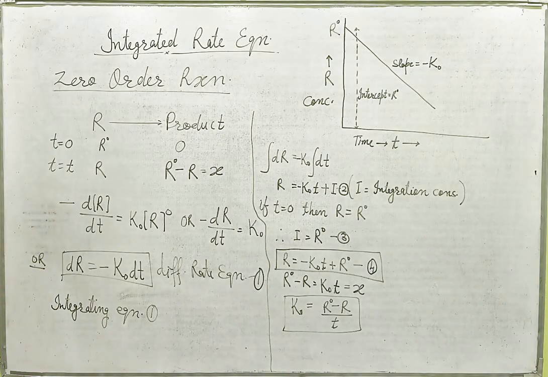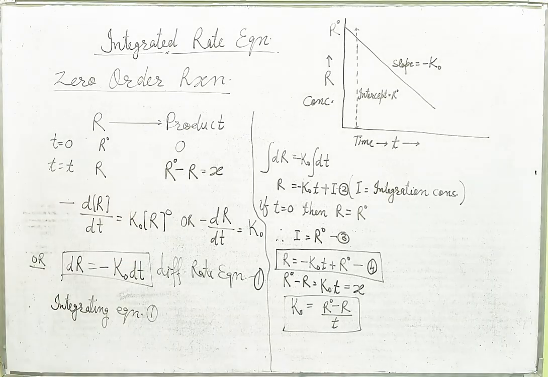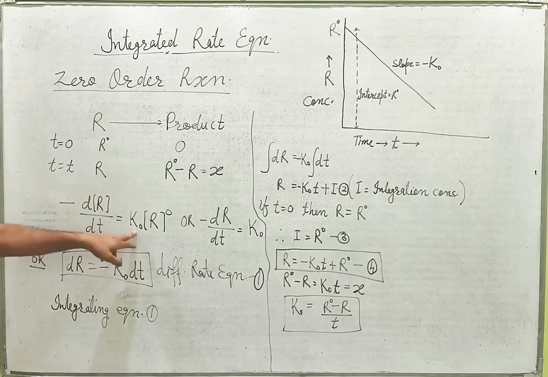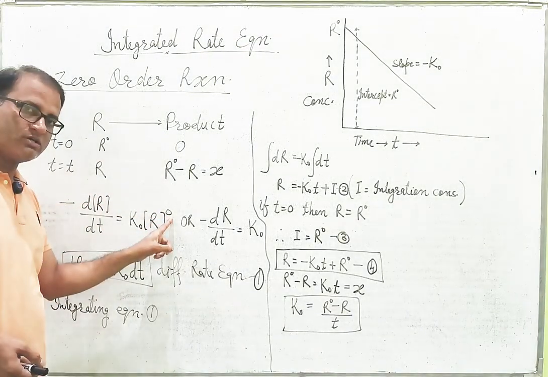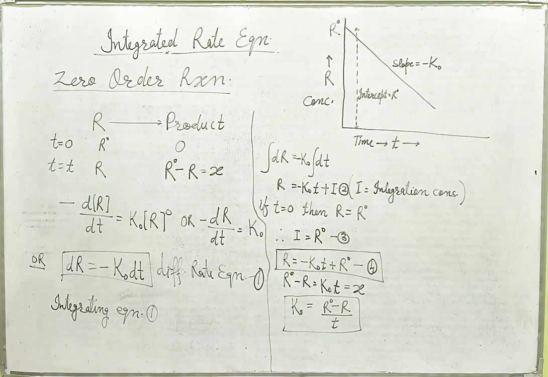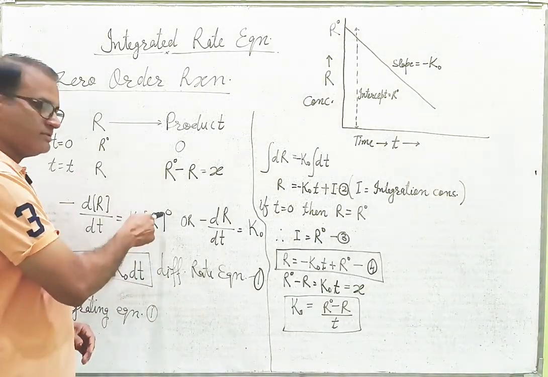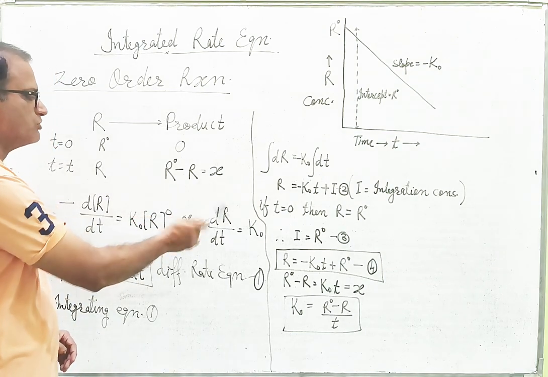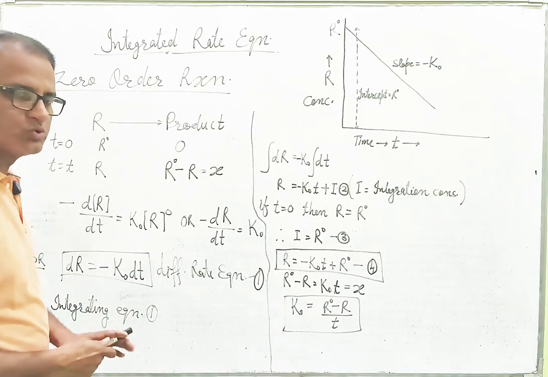Now for this reaction, the differential rate equation we can write like this: minus dR upon dt is equal to k0 R raised to power 0, because zero order reaction is what we are discussing here. So power 0 means it will become 1. So minus dR upon dt is equal to k0.